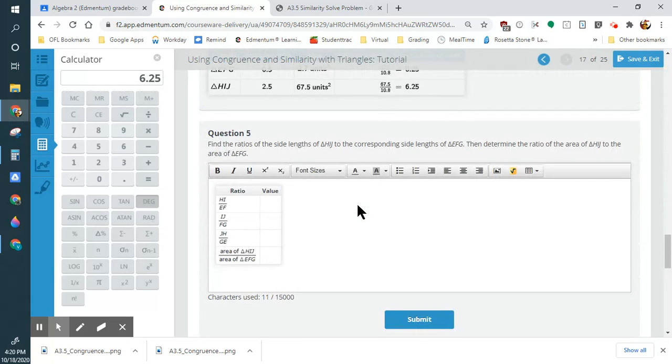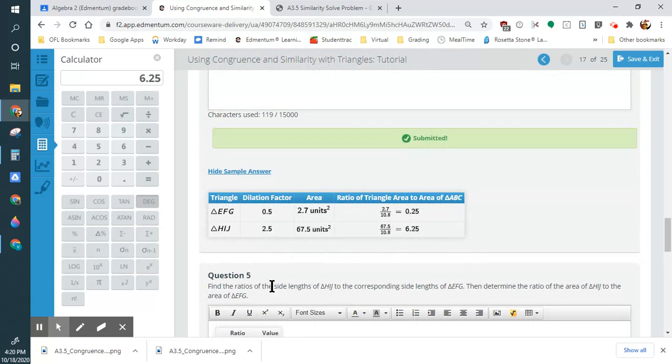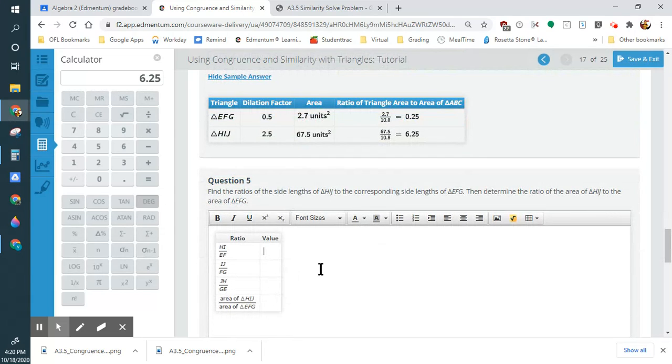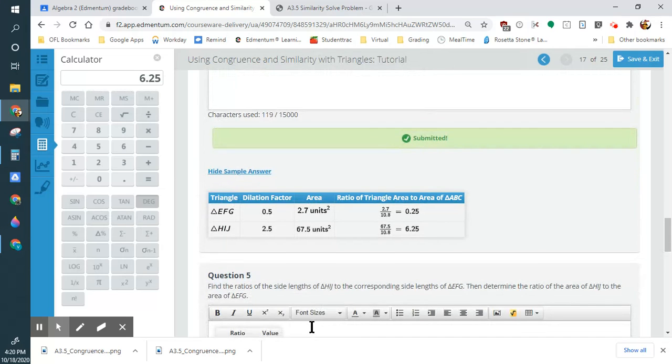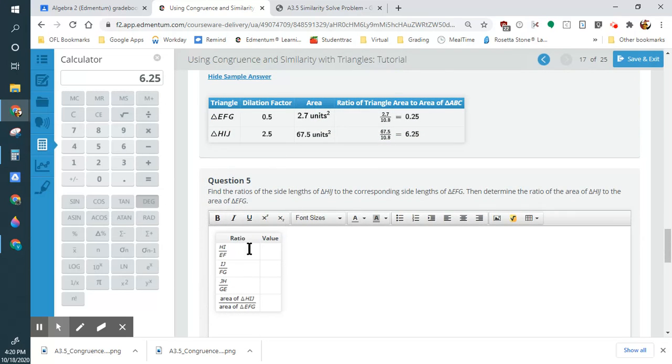All right. And so the ratio. Find the ratio of this. So we're basically HI. This one, I don't see why we're doing this. This one, I already know for a fact. Oh, the ratio from HI to that. Okay. So let's think of it this way.